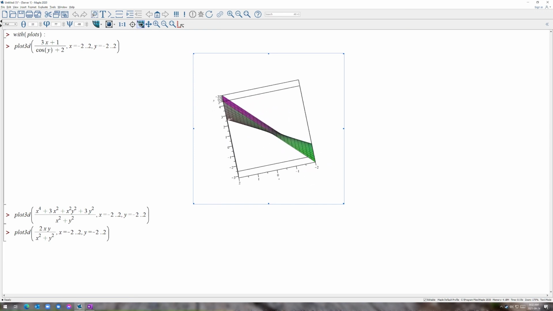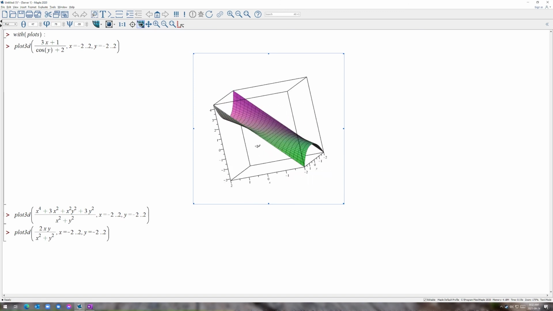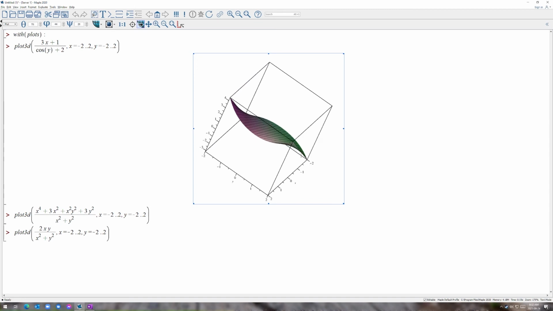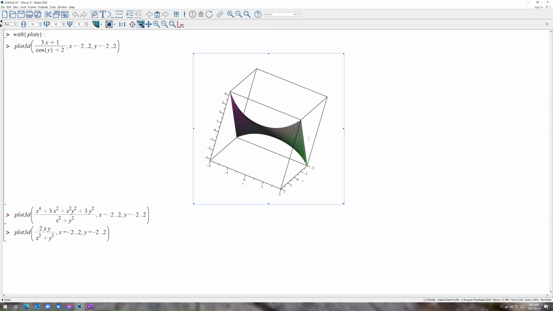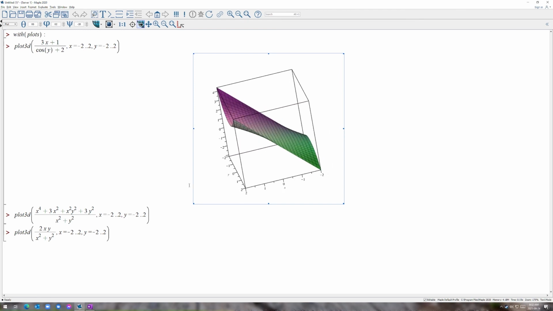You can see how it has a little bit of that oscillation that a cosine graph would have. But of course, that's in the denominator, so it does some pretty strange behavior. 3x plus 1 in the numerator is also going to be largely what defines the shape of this. Anyway, you can get a good sense of what that would look like, and the origin right there in the middle, it's definitely continuous at that point.